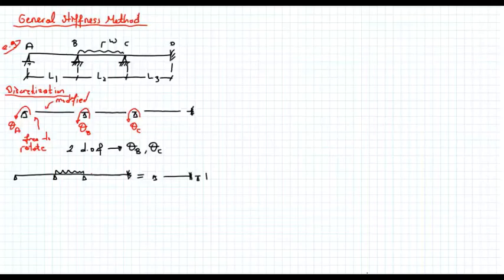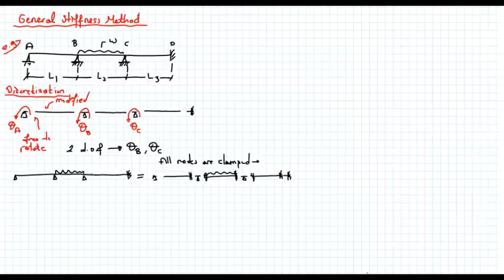So let's draw the representation of it. We have the uniformly distributed load. So this is the case when all nodes are clamped, meaning that all degrees of freedom are 0.